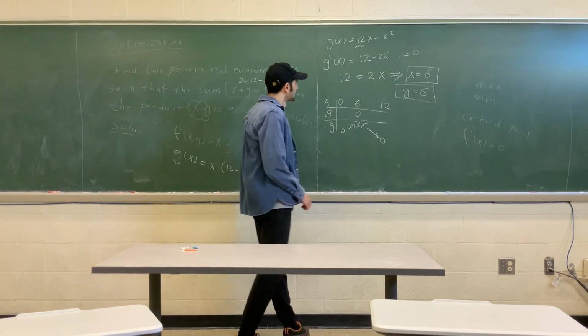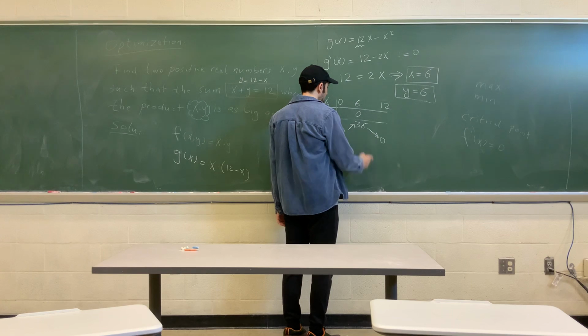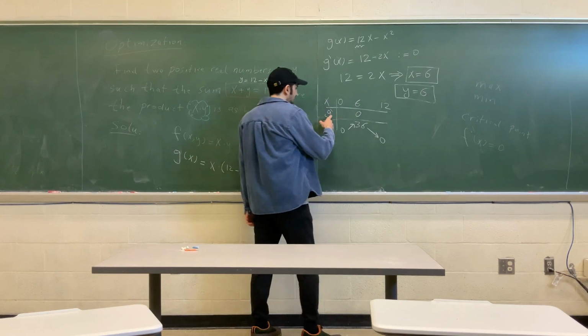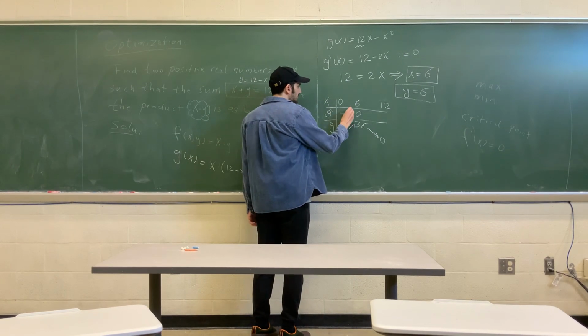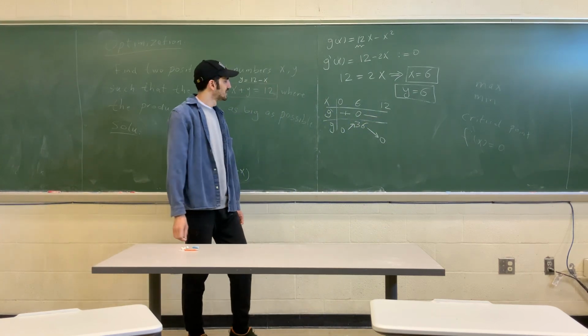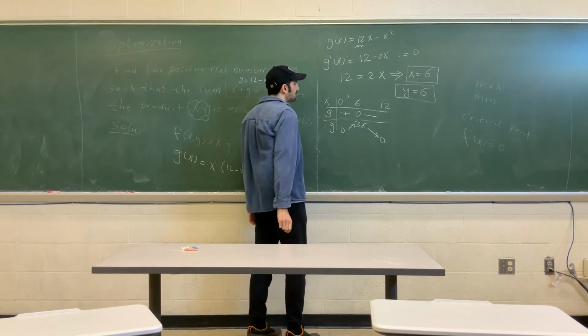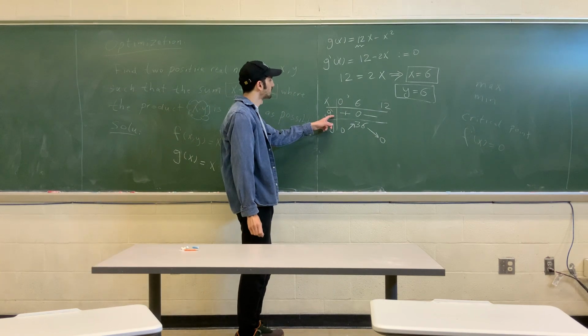Good. So, how can we check that this point represents a maximum? You can check that g prime is positive here, it's negative here, and I'm going to leave this to you. You can pick up any point you want between 0 and 6, for example 3, and plug it in g prime to find it's positive.